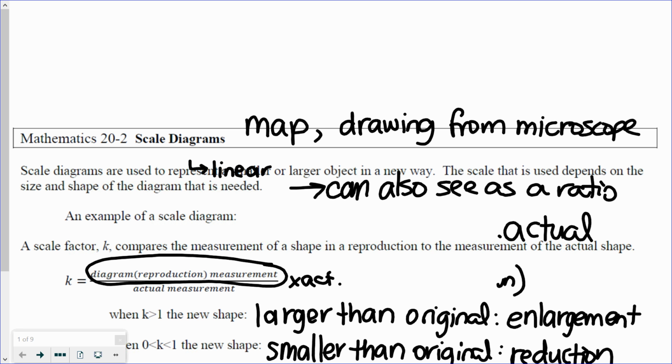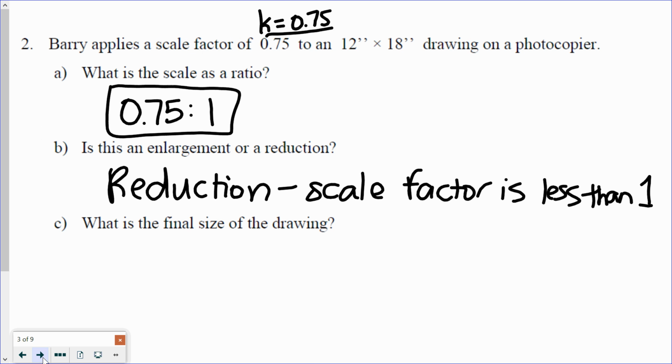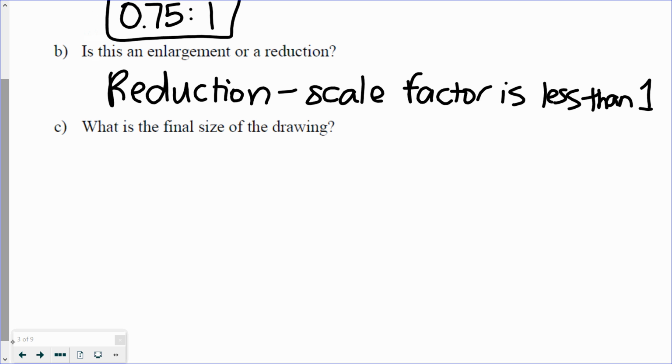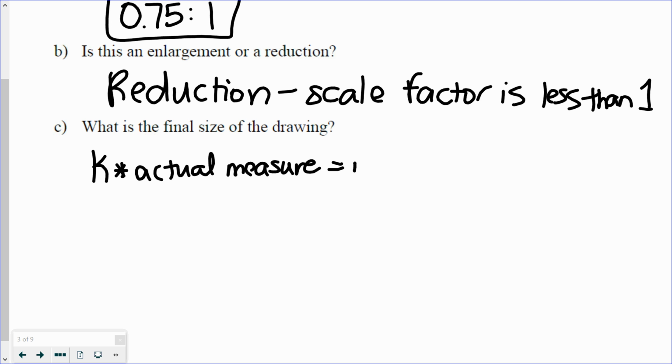So that's your scale value times your actual measurement will give you your reproduction measurement. We can do that here. So K value multiplied by the actual measurement will give us our reproduction measurement.